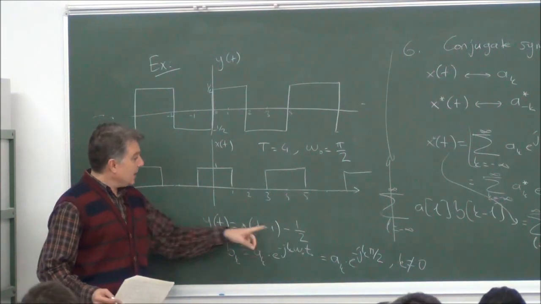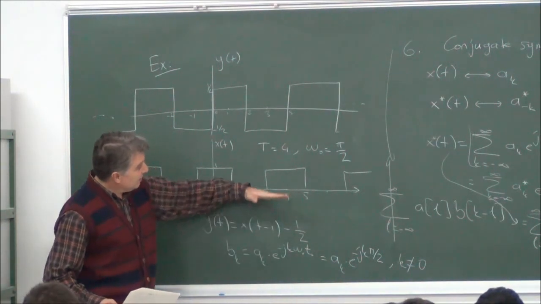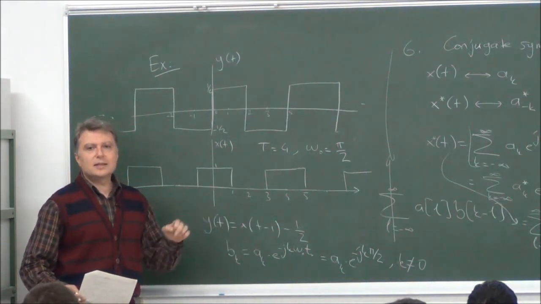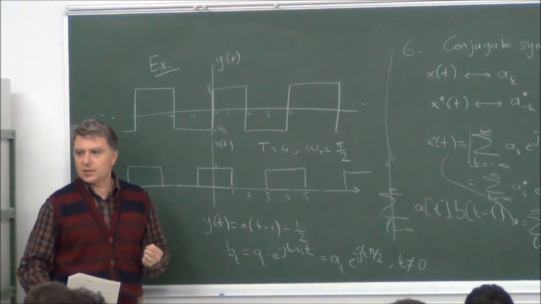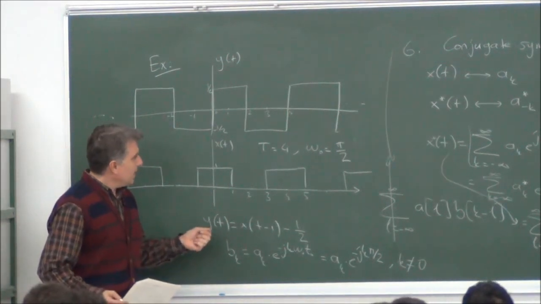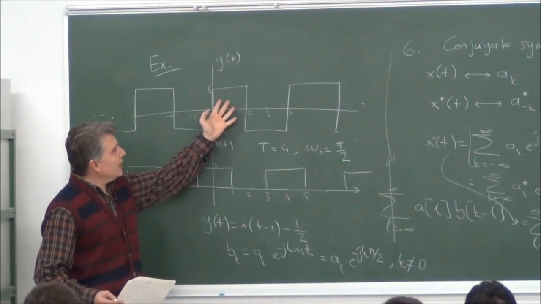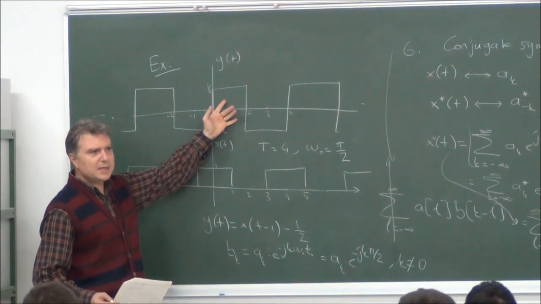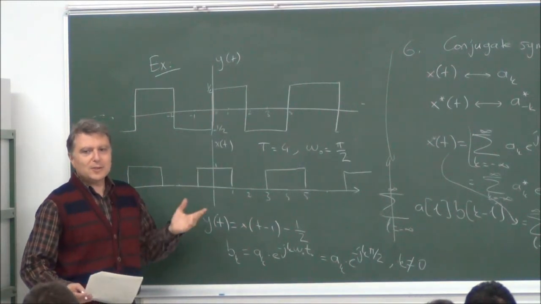As a matter of fact, if you level shift your signal by some DC value, only the zeroth Fourier series coefficient changes. The DC, A0 changes. And you have to evaluate B0 separately for this one. What is B0? There is no need to evaluate.